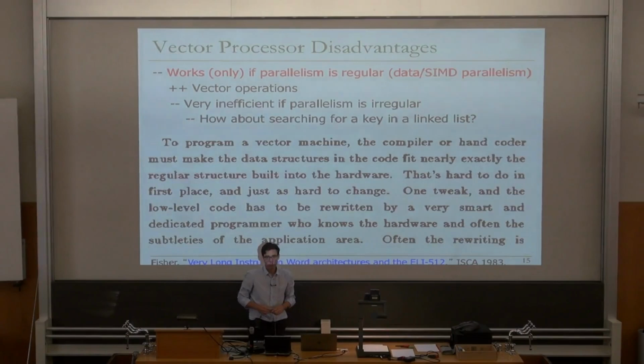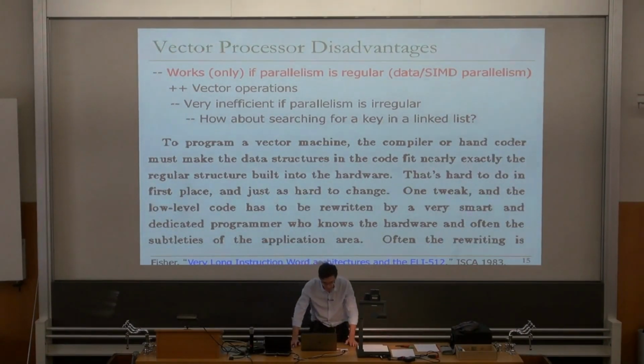It's not the only disadvantage. Another disadvantage is how difficult it can be to program them. This is one excerpt from a paper by Fisher in 1983. It says, to program a vector machine, the compiler or hand coder must make the data structure in the code fit nearly exactly the regular structure built into the hardware. That's hard to do in the first place and just as hard to change.